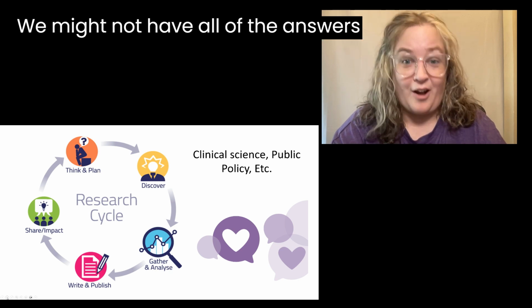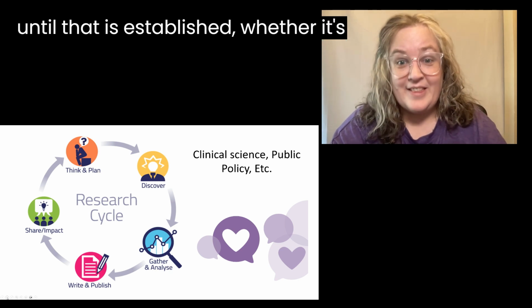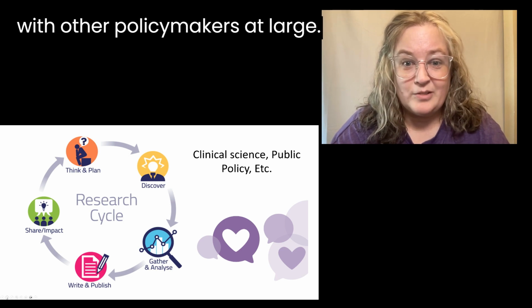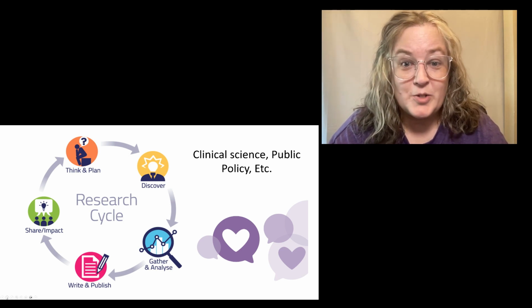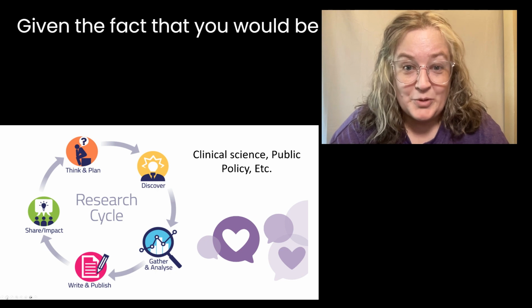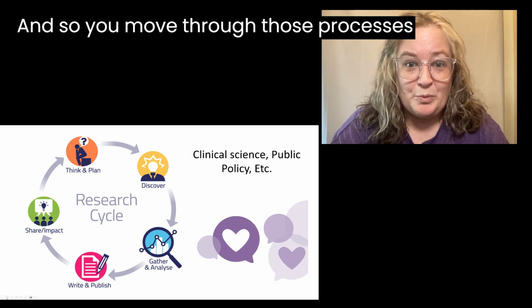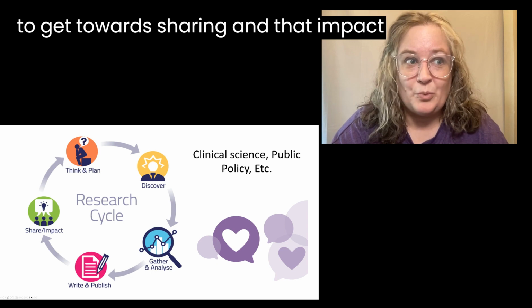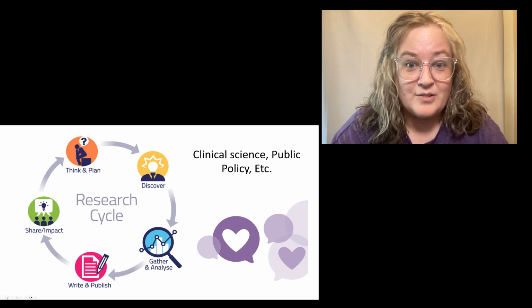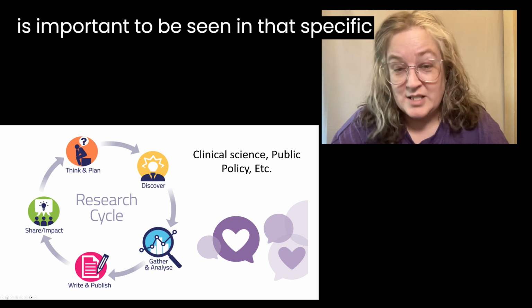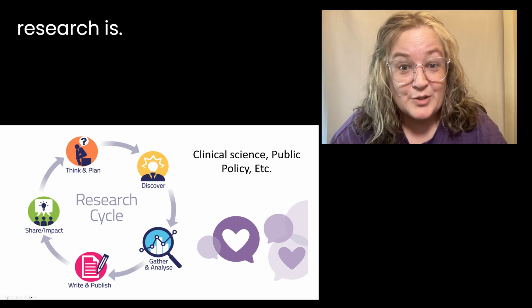We might not have all of the answers until that is established, whether it's in the clinic or talking with other policymakers, given that you would be accessing large populations of people. And so you move through those processes to get towards sharing that impact with other people and saying that this is important to be seen in that specific space, depending on what type of research it is.